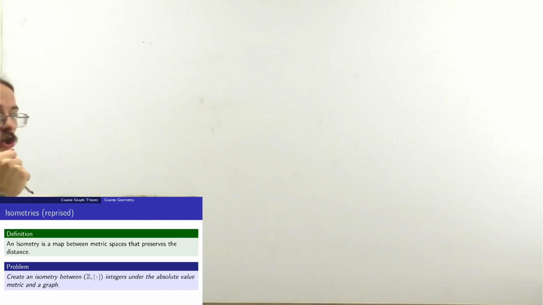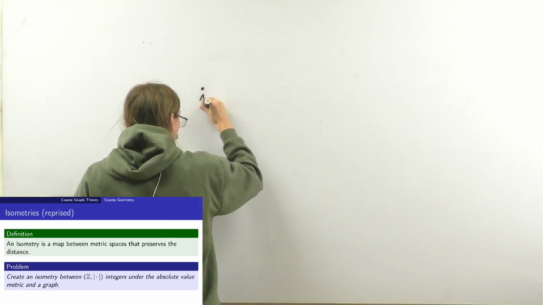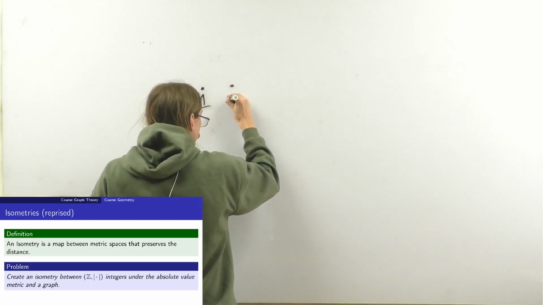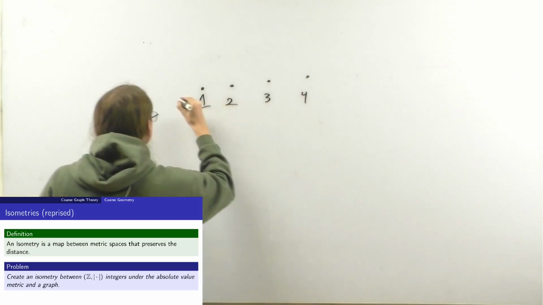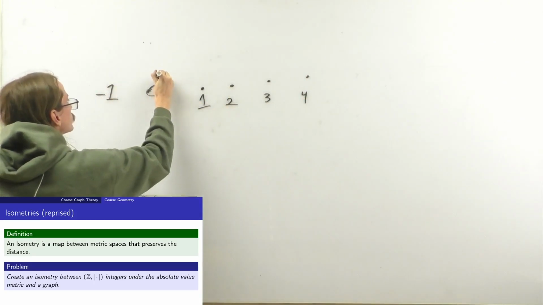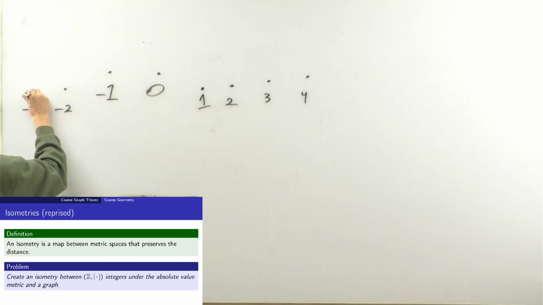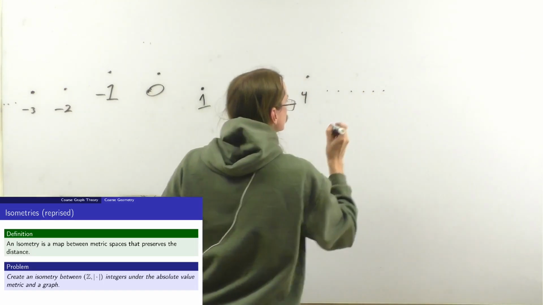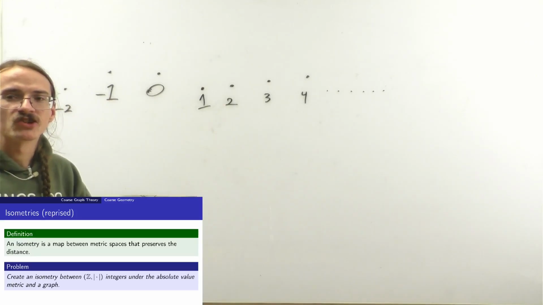Okay, so we have integers under the absolute value metric. Here they are. And they keep going. I need to make a graph and then build an isometry to it.